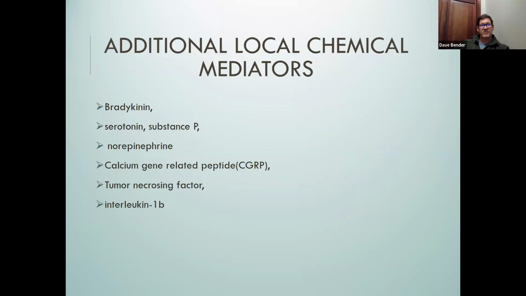And here's a list of some of the other things you'll see in research, that chemical stew that creates chemically mediated pain: bradykinin, serotonin, substance P, norepinephrine, calcitonin gene-related peptide, tumor necrosis factor, and interleukin 1B.